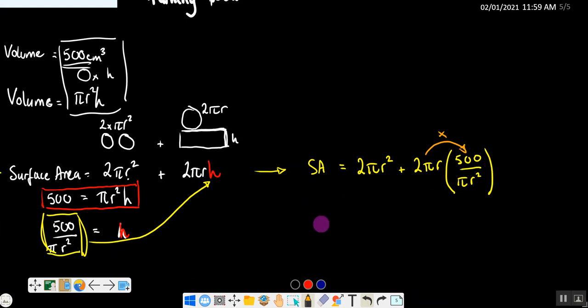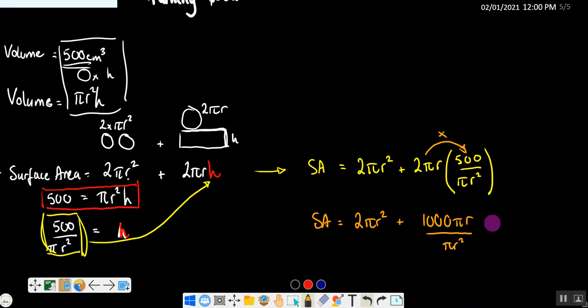Any ideas? So surface area is now 2 pi r squared plus 1000 pi r, still divided by pi r squared. Yeah, because when you multiply a fraction you multiply the numerator, and when you divide a fraction you multiply the denominator.